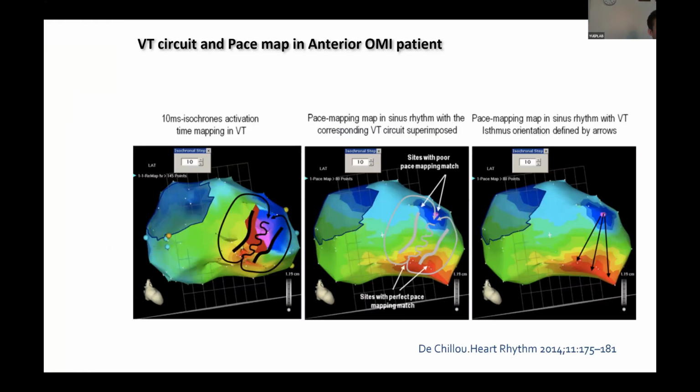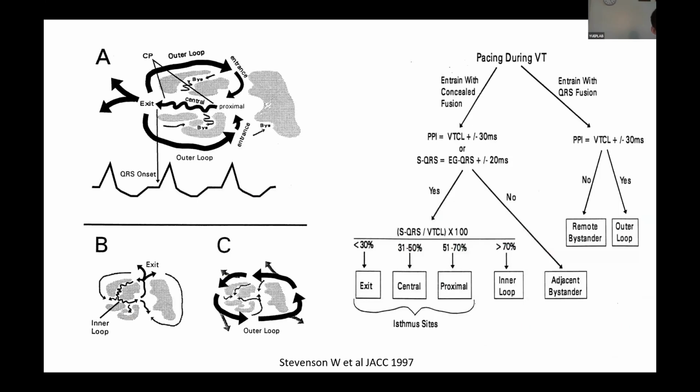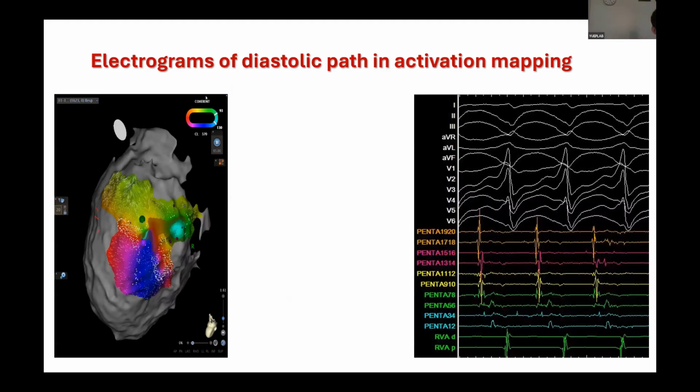I already showed this one, and that is a very beautiful paper published by Tichello, showing that you get the pace mapping at this site. So when you get a very good pace mapping, it means that you have a higher chance of success. If you cannot get any very good pace mapping, it probably means that you are missing something that was intramural. So I want to skip this one.